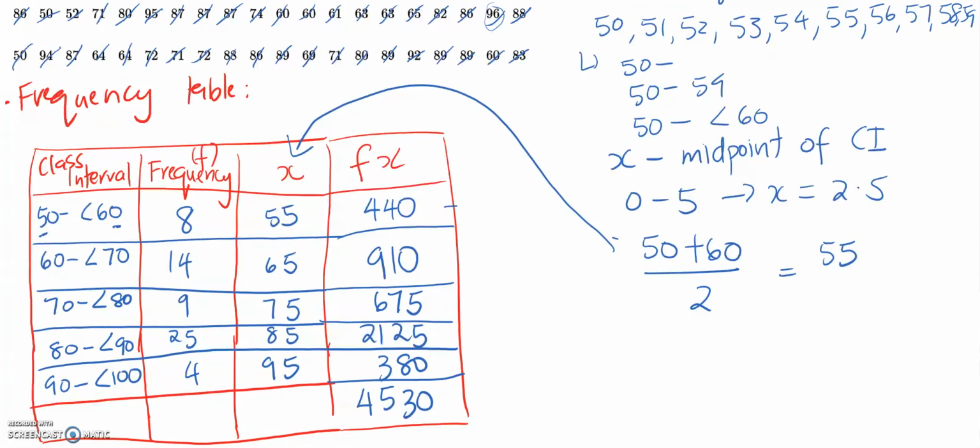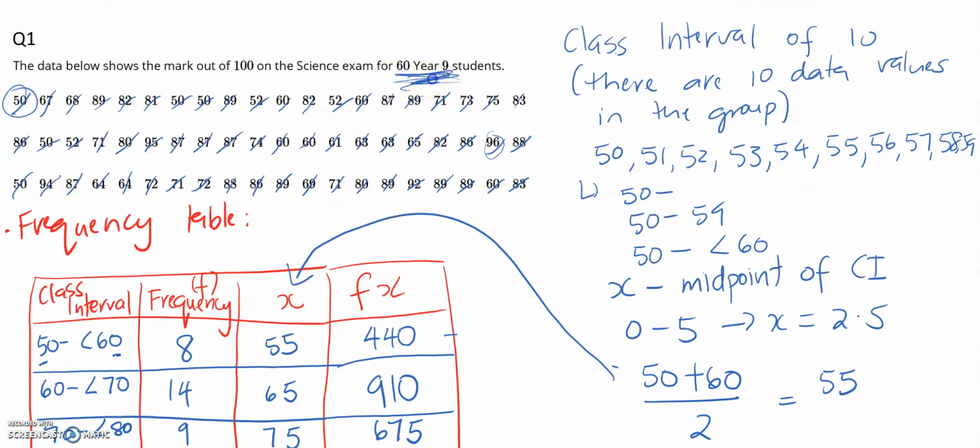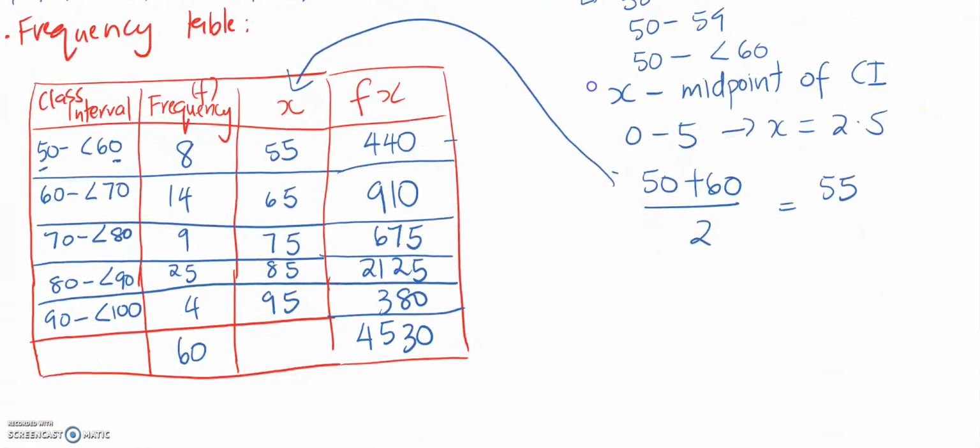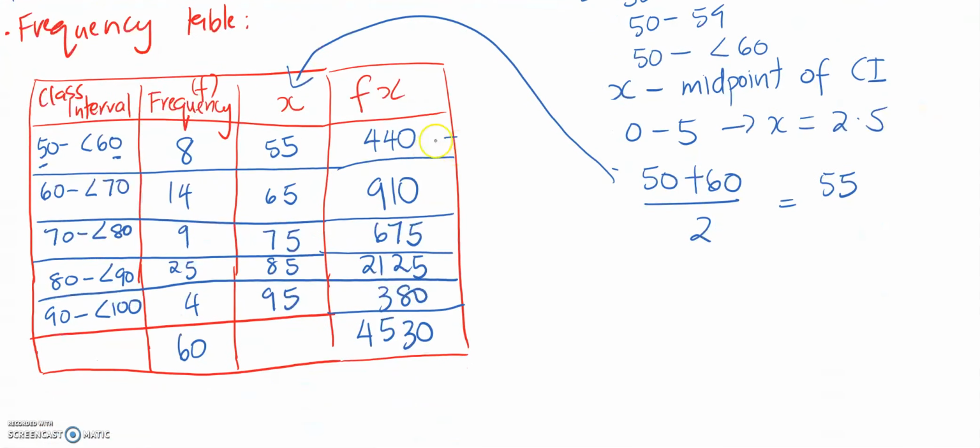If we complete the table and we count from the data above, check how many values are in those class intervals. If you add all of them up, that should total 60, because we have 60 year 9 students, as it says over here. The way this is achieved is fx.